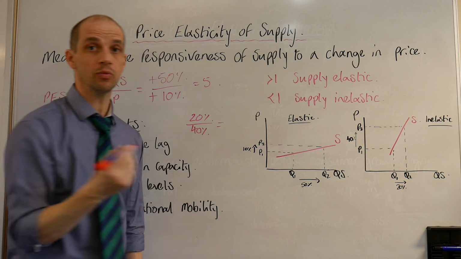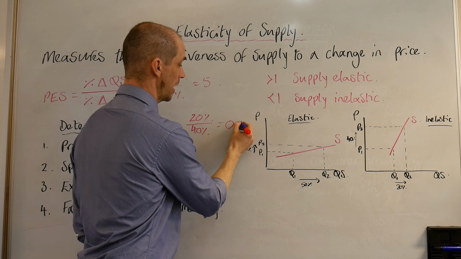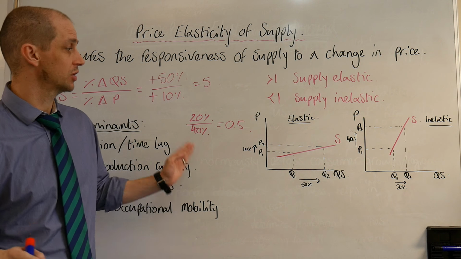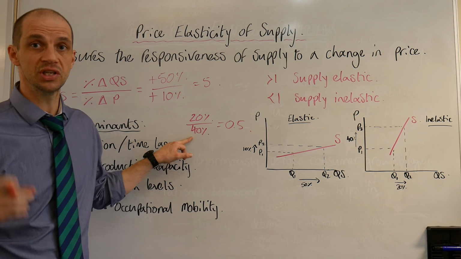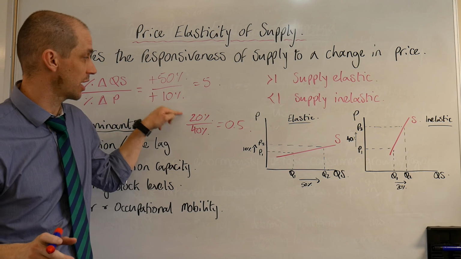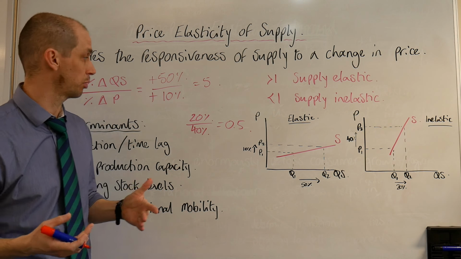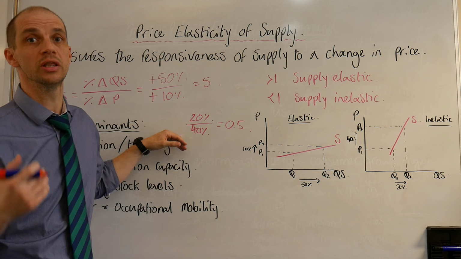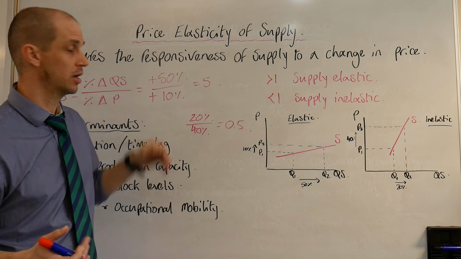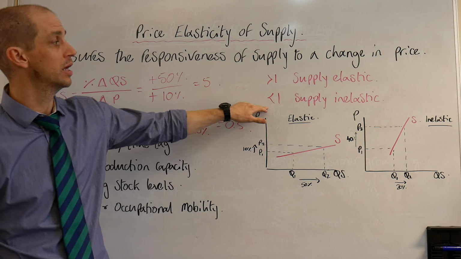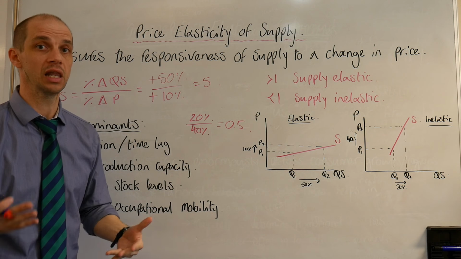So of course that would lead through to a price elasticity of supply of 0.5. Okay, so that is where there is a 1% change in price, there is a 0.5% change in the actual quantity supplied. A 40% change therefore gives a 20% change in the actual quantity supplied. And it is less than 1, so it is therefore supply inelastic.